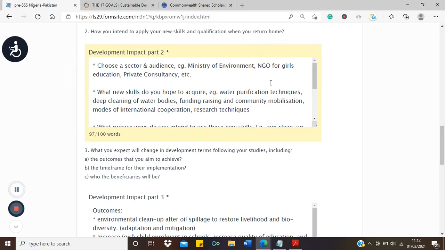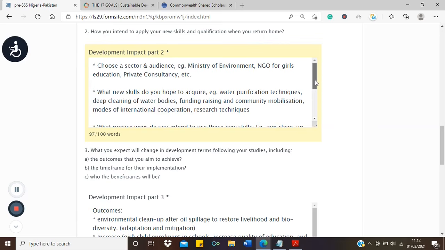So it could be in the example I've given already, it could be the Ministry of Environment, or it could be like an NGO interested in environmental issues. If you're interested in the girl-child education, maybe looking at Ministry of Education, or an NGO working in girls' education, or things like UNICEF, or even private consultancies working in your areas of interest.